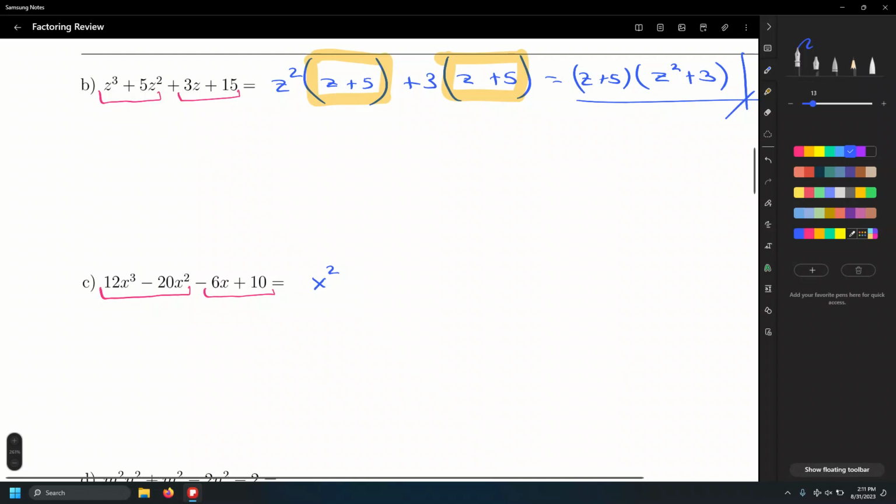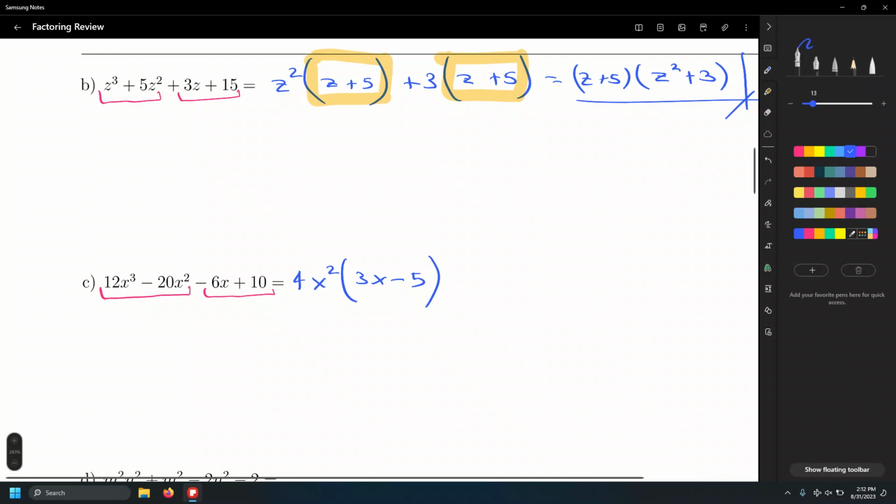What is that number? 4, and that's why we call it the greatest common factor, because we're looking for the largest number they have in common. So that is 4x times 3x minus 5, because 3 times 4 equals 12, and negative 5 times 4 equals negative 20, and then also the variable x. For the second group, here is the thing.